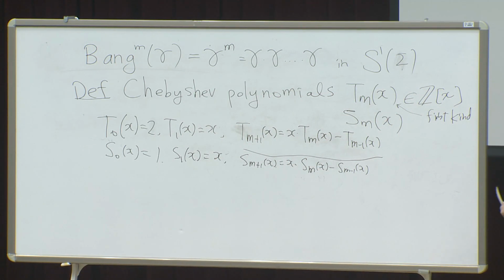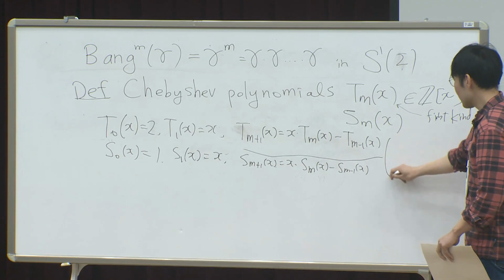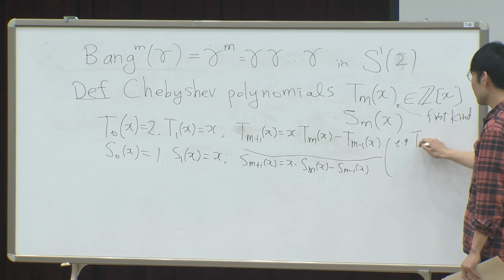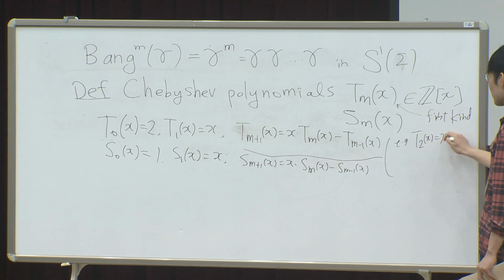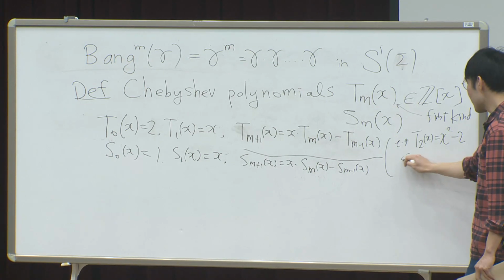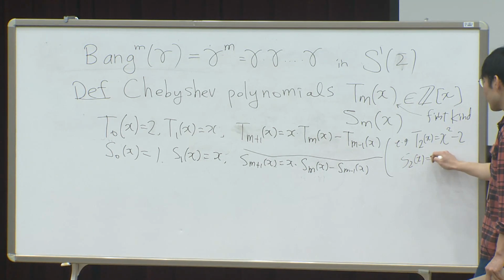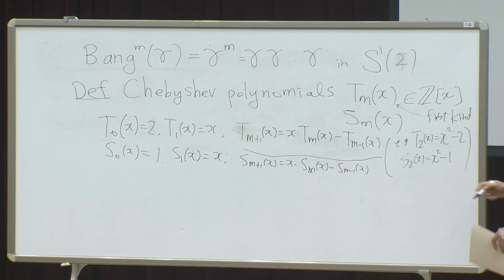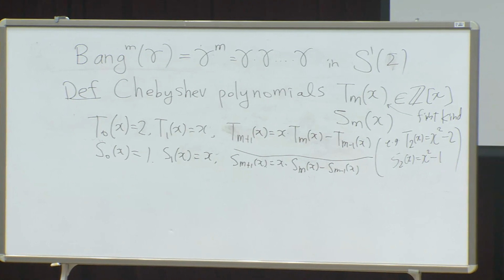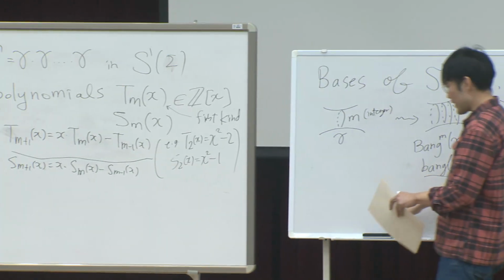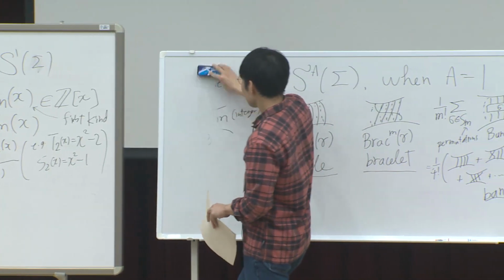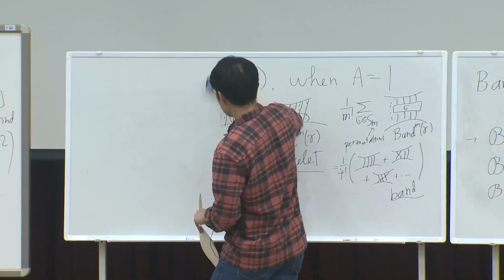And you can compute, for example, T2 will be x squared minus 2, whereas S2 will be x squared minus 1. And then the statement that you can prove by hand is that these 2 are actually the results of putting gamma into these polynomials.